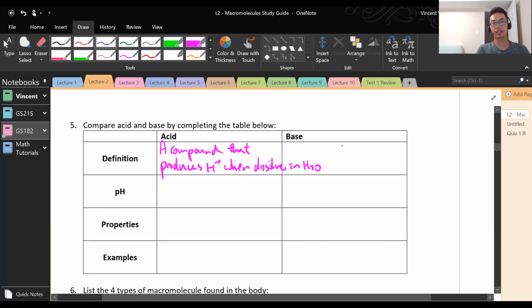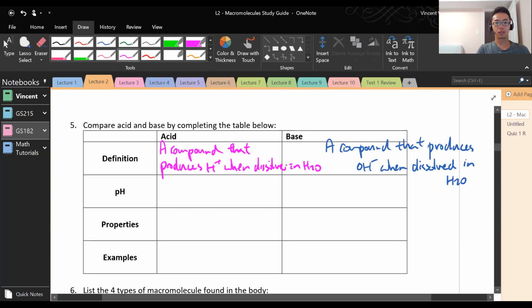Okay. Base, on the other hand, is a compound that produces OH minus when dissolved in water. Okay, so this is kind of like a simplified version of what it is.